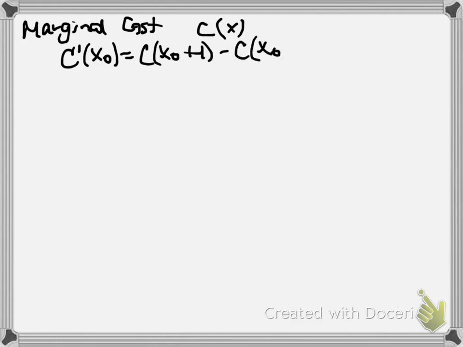This is the cost, C of X. Then, if I want to know the marginal cost of increasing 1 unit of production, that marginal cost will be C prime of X initial, which will be C of my X initial plus 1 minus C of X initial.